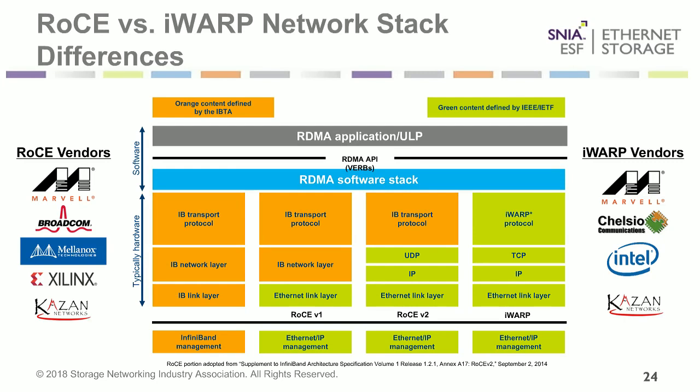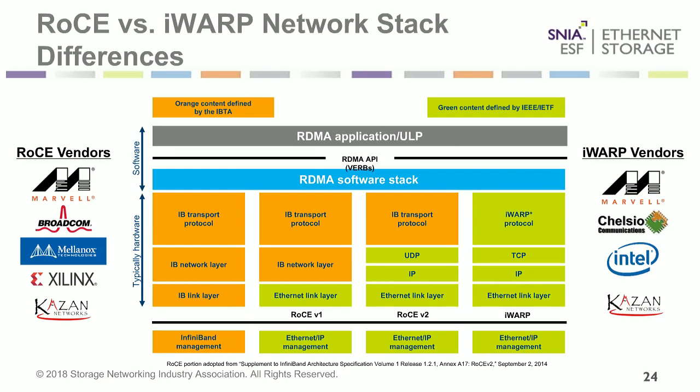You see on this chart, many of the vendors are supporting RoCE and iWARP. A couple of years ago, it was simple. Mellanox was the only vendor supporting RoCE, and Chelsio was the only vendor supporting iWARP, but that's no longer the case. The good news is there are now several vendors supporting each. On the RoCE side, we see Marvell, Broadcom with their adapters, Mellanox adapters, Xilinx with their FPGA, and Kazan, which also has either an FPGA or an ASIC or both for their special adapter.